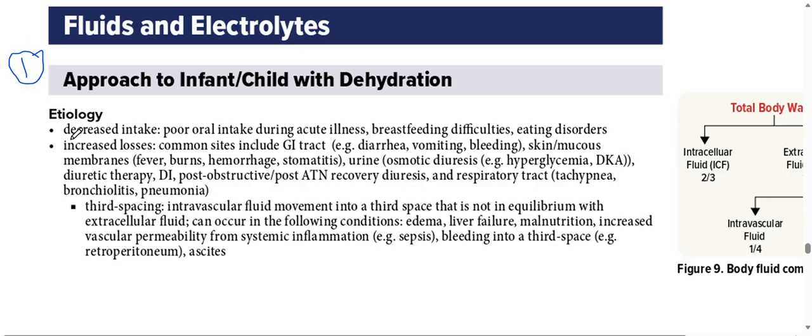Okay, so what is the cause? The cause may be either decreased intake or increased loss. Decreased intake means poor intake during illness, or maybe some problems with breastfeeding or some eating disorders.